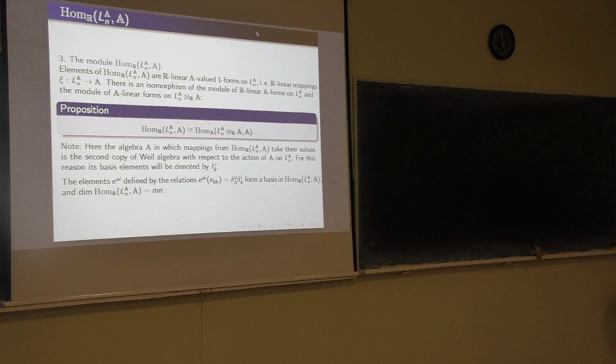The model of R-linear forms on LA is isomorphic to the model of A-linear forms on the tensor product. Simply, we substitute the coefficients.